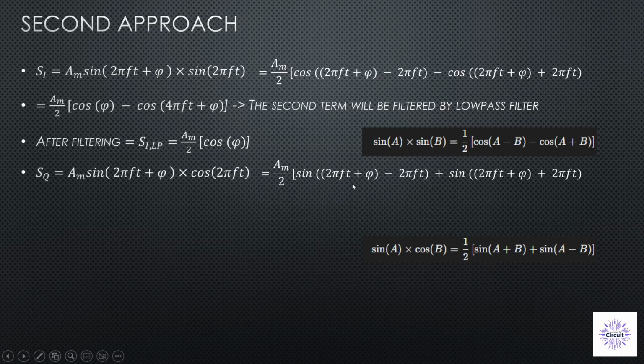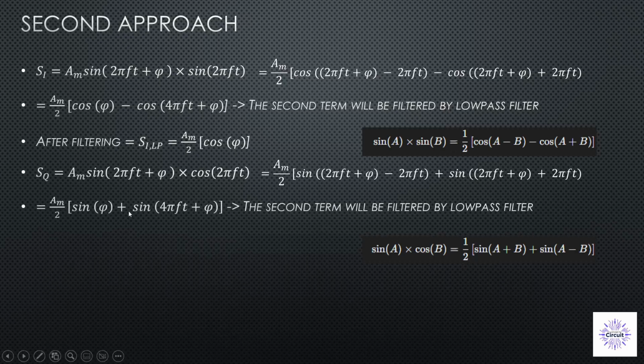we end up with this equation. This equation becomes 2 pi ft plus phi plus 2 pi ft. And the other one is the subtraction of the two phases. If we simplify this, we end up in a similar scenario.